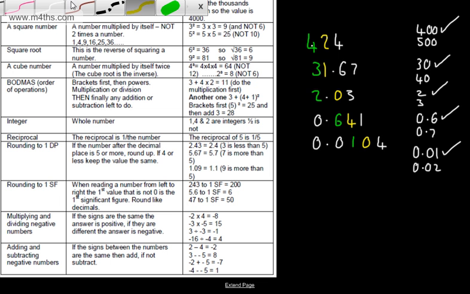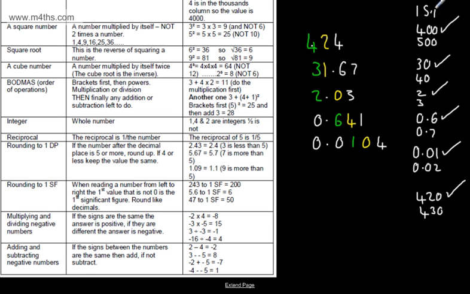So let's just quickly do the first one. So I want to round this, and we'll take this number here, to the nearest 10. So my choices are 420 or 430. We've got the 4, so we're going to round down. So to 2, this is to 1 SF, so one significant figure.